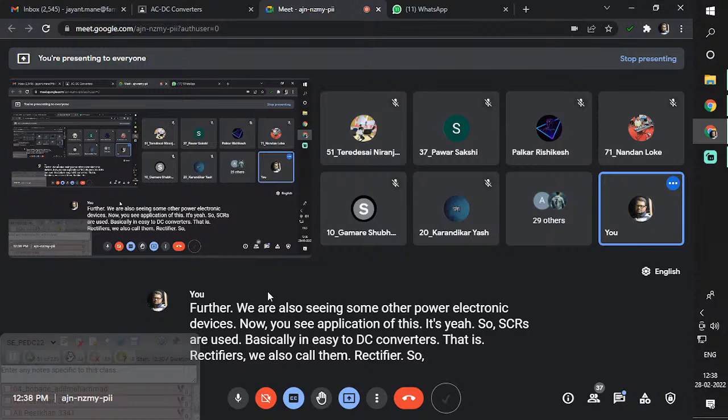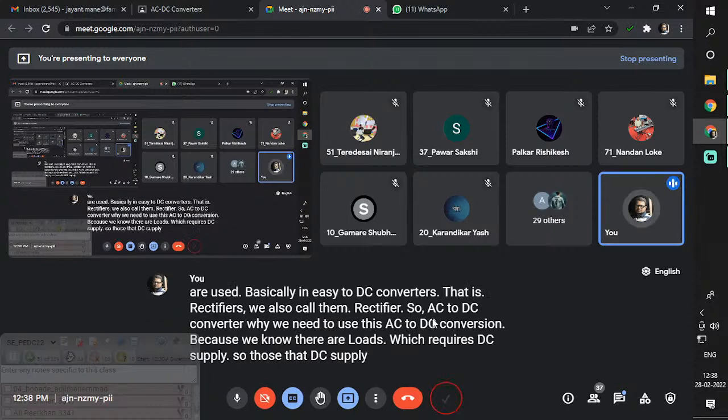Because we know there are loads which require DC supply. So that DC supply cannot be supplied through batteries efficiently.